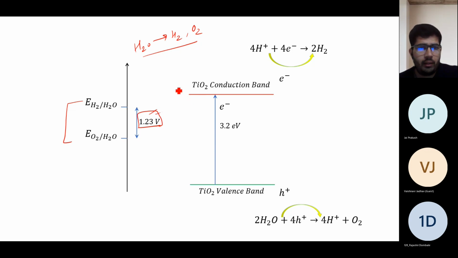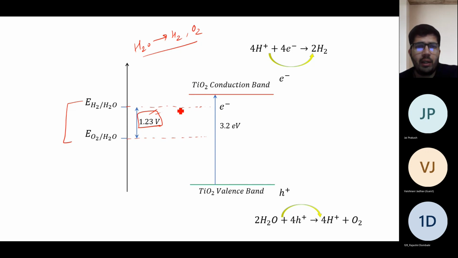Now let's see. This potential has some values. Okay, so whatever material you are selecting for these photochemical reactions, that material's valence band and conduction band should be like this.